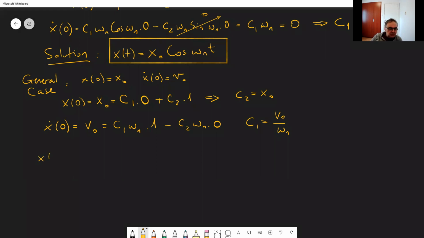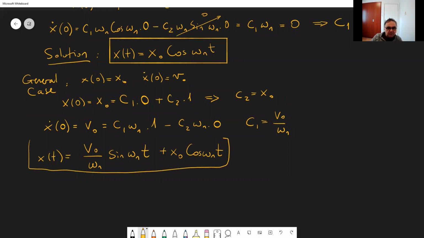So the general solution is x of t equals V0 over omega n sine omega n t plus x0 cosine omega n t. This is the most general solution for a single degree of freedom vibration problem.